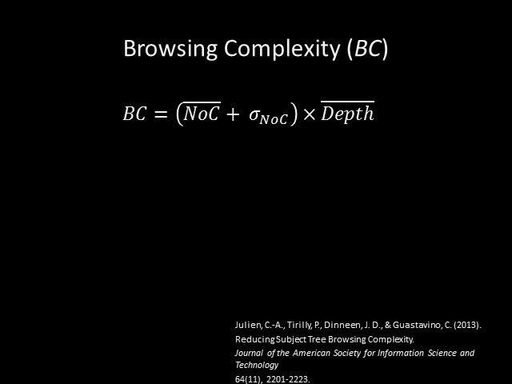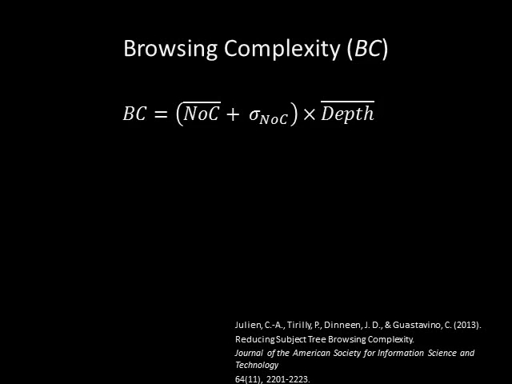Broadly, we have the mean number of children per node, the standard deviation of children per node, times the number of leaves to root. So in other words, how many narrow terms are you offered on average at each parent term? Hundreds? Dozens? How many do I have to choose from? And how predictable is it?